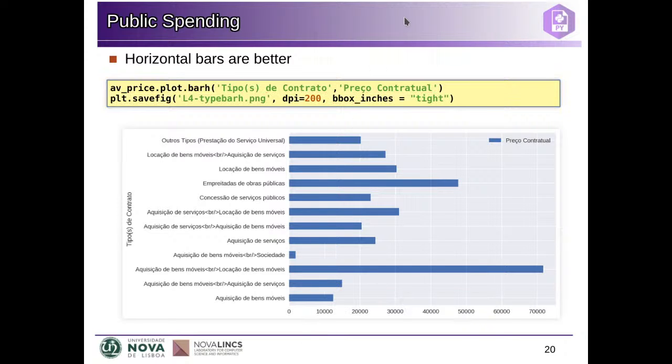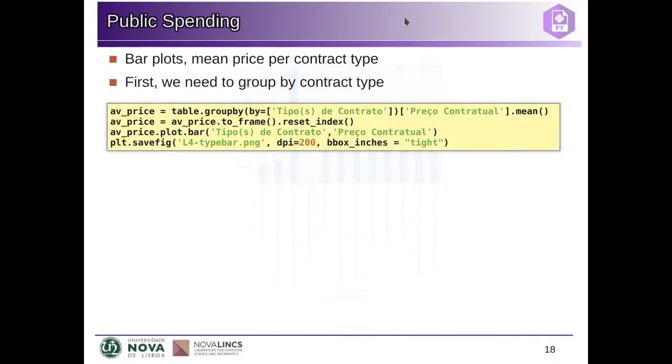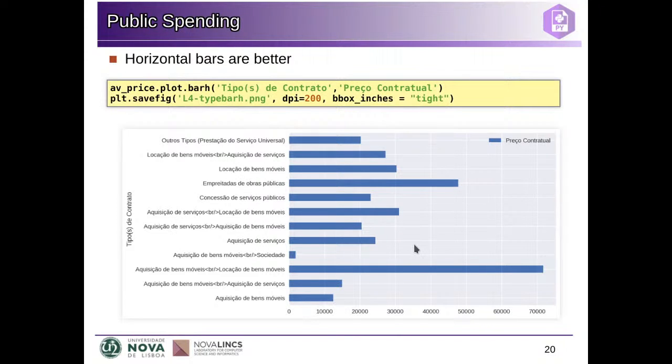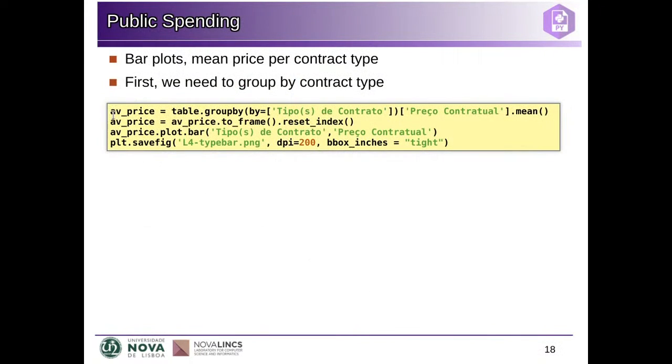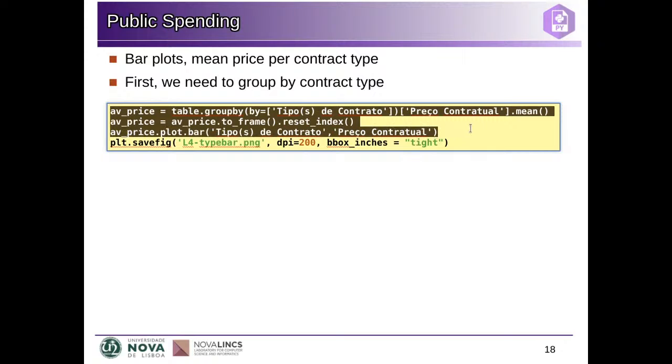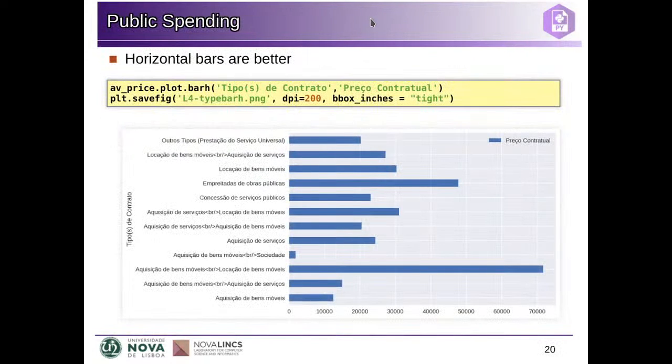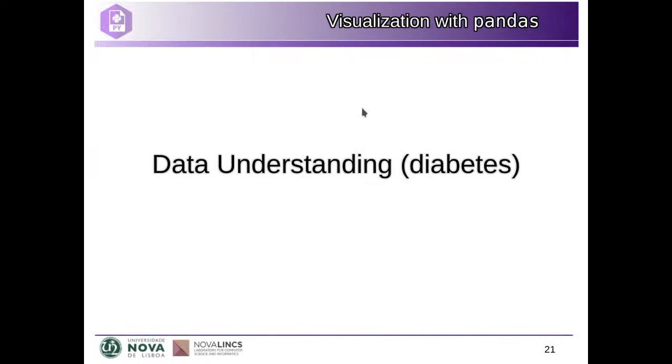So you see something that is fairly sophisticated, which is grouping our data by one of the columns, computing the mean of another column, and then creating a plot with those results is basically 3 lines of code. So we just need these 3 lines of code. The rest is to save to a file, and you can easily compute these aggregates and visualize the results. So this is very good, Pandas, for understanding data.